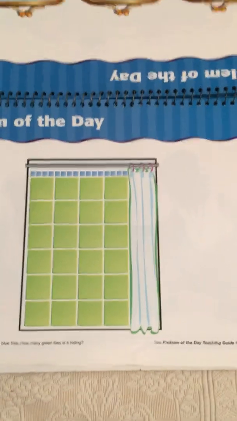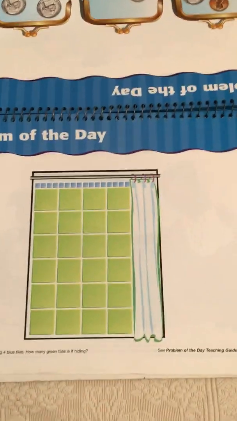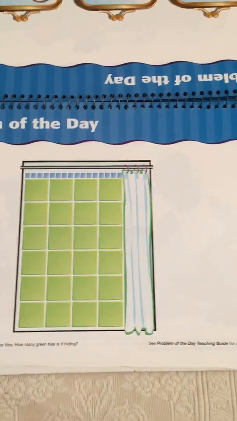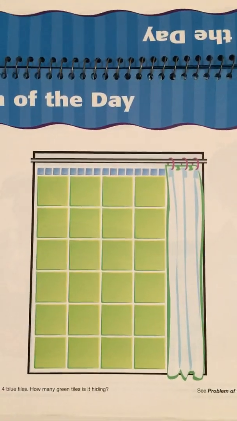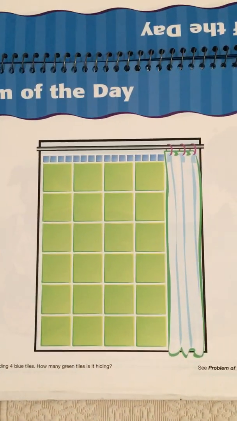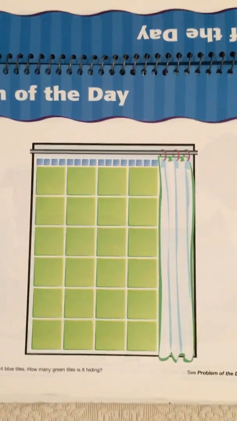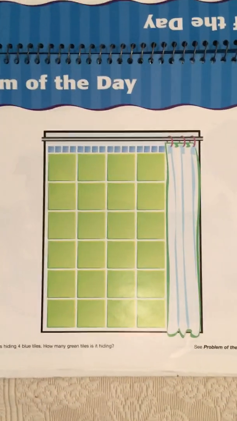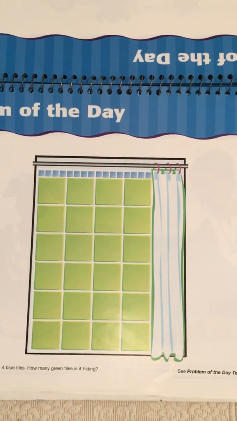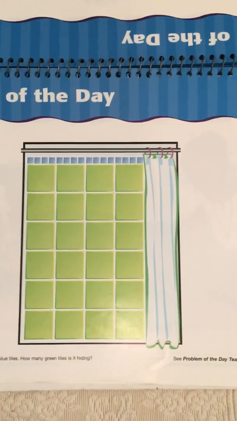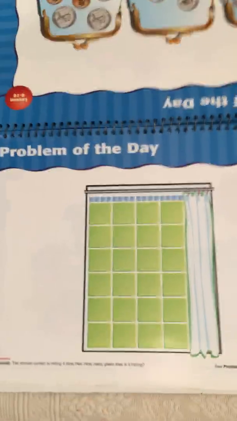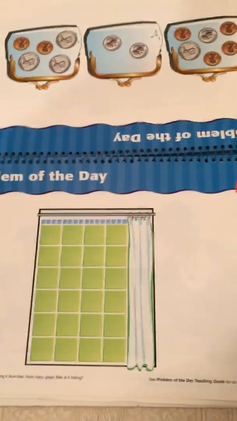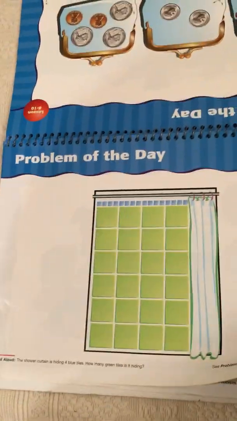So it gives us part of the answer. It gives us some information to start from. There are 4 blue tiles hiding. It took me a minute, actually, to figure out where the 4 blue tiles were. Have you found them yet? Now, how many green tiles is it hiding? All right. Let me know what you find out.